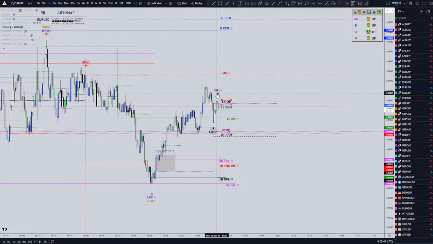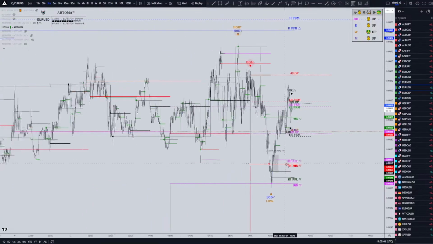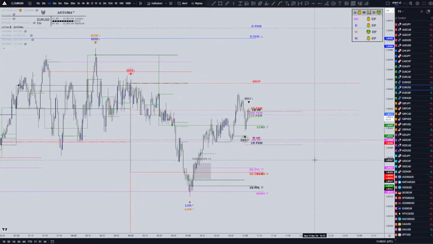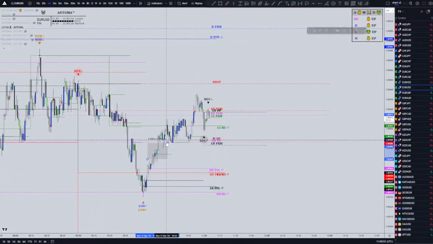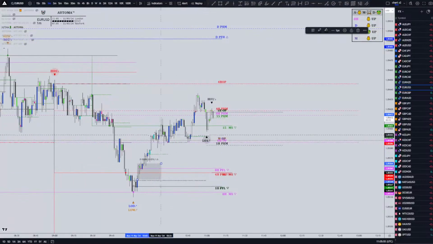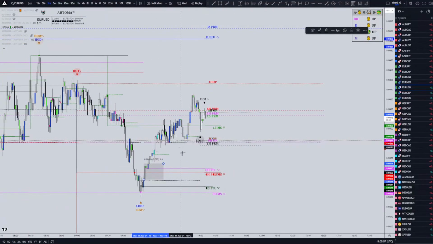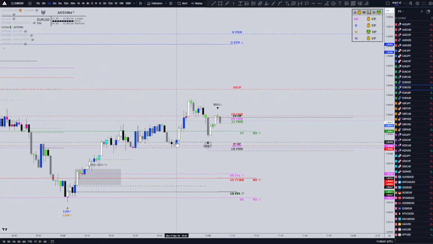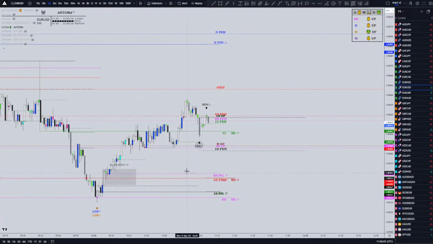Where is the V? Okay, the first target for me was to see a reclaim of the weekly open, and this was a perfect place to re-enter for continuation.